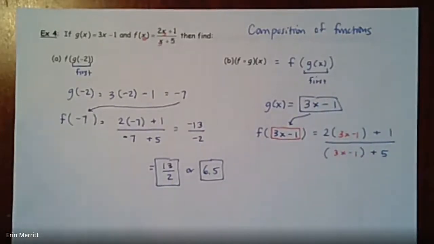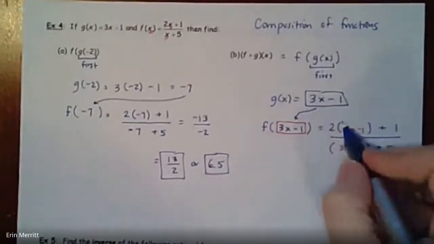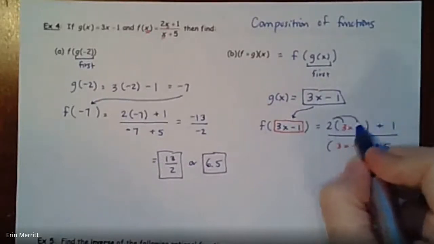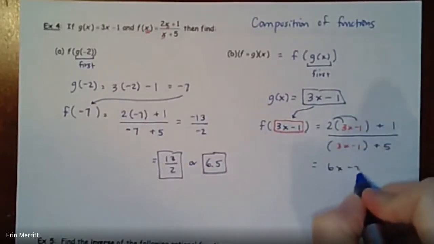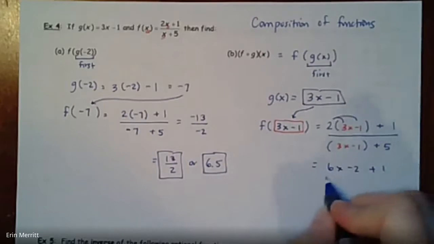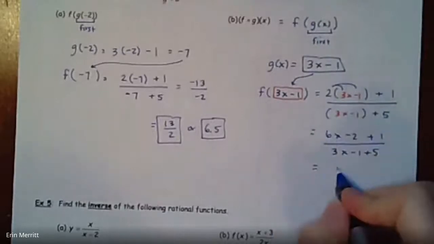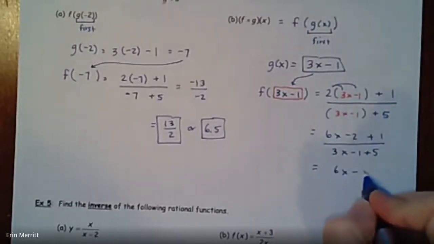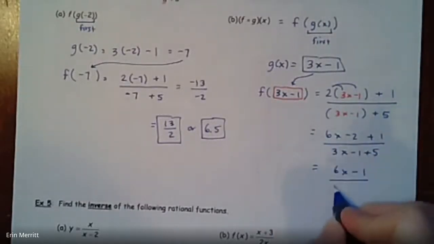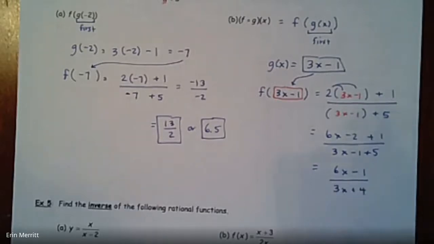So hopefully as you see this, it's coming back to you. All we're going to do is clean up. Let's distribute. We get 6x minus 2 and then plus 1. And then 3x minus 1 plus 5. I can just drop those parentheses. So this will give me 6x minus 1 on the top, 3x plus 4 on the bottom.